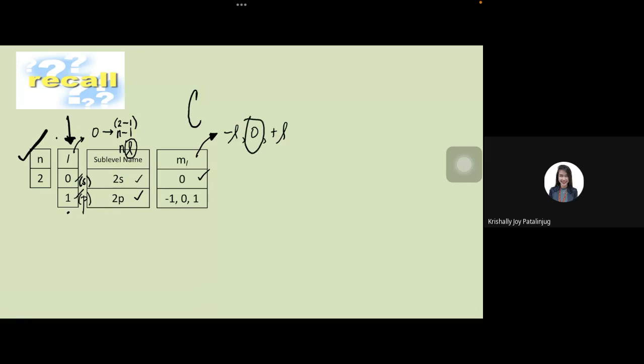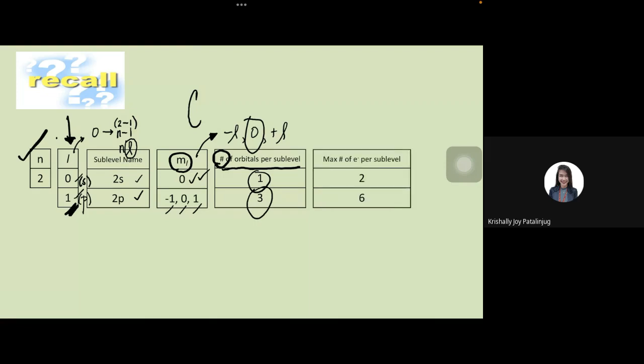If L is 1, that's the time you have negative 1, then followed by 0 and 1. And the importance of these m sub L values: whatever the number of m sub L values that you got, that is the total number of orbitals per sublevel. You simply count. You have 1 value, so you write 1. You have 1, 2, 3, so 3 m sub L values. That's the total number of orbitals for that sublevel.